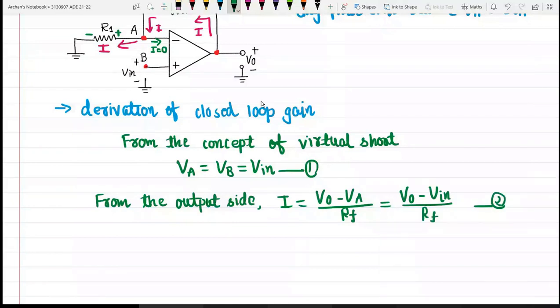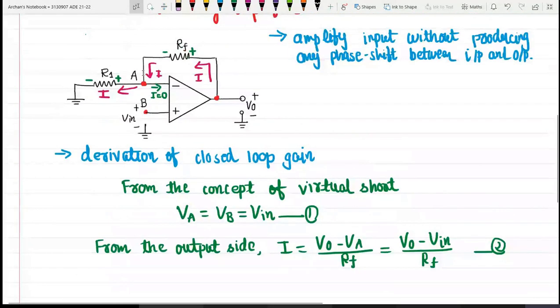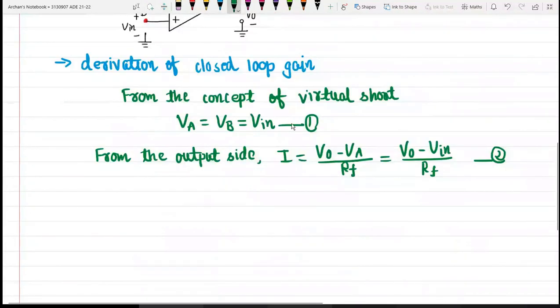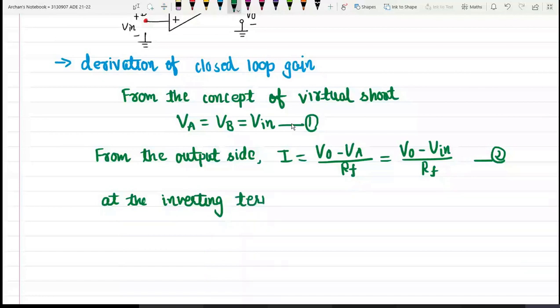Now at the inverting terminal, current I is flowing from VA to ground. So at the inverting terminal, I is equal to VA minus ground, that is 0 potential, divided by R1.